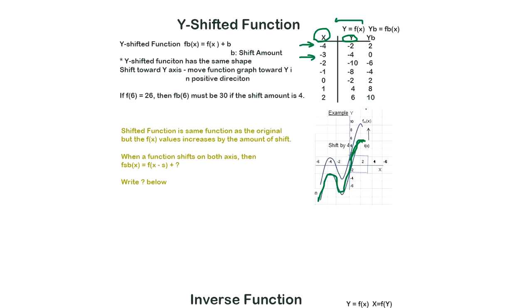You select each dot on the graph, x and y, and you get this. And shifted means exactly the same shape, but y is this much higher always. For any x, we write it this way. So b is the shifted amount.